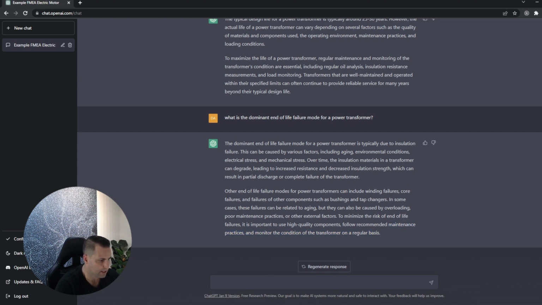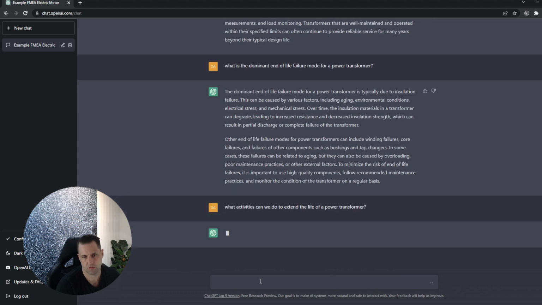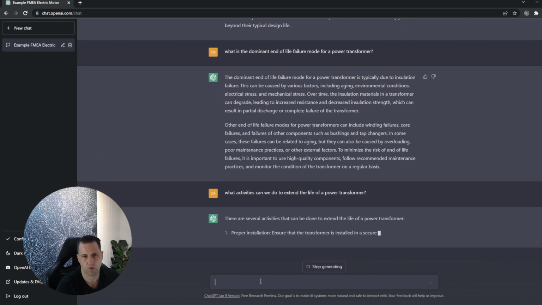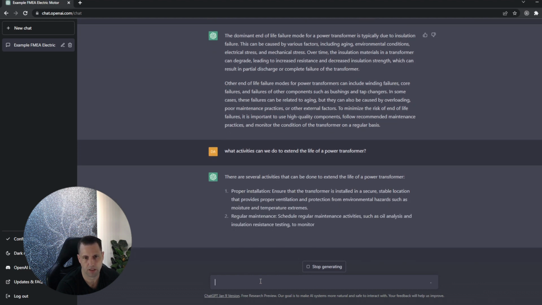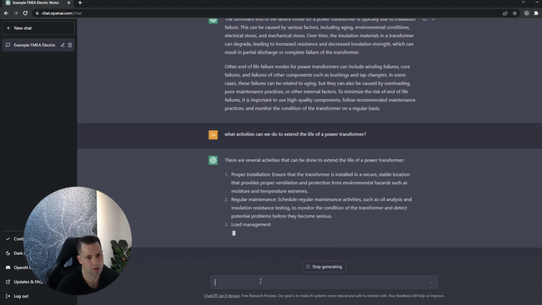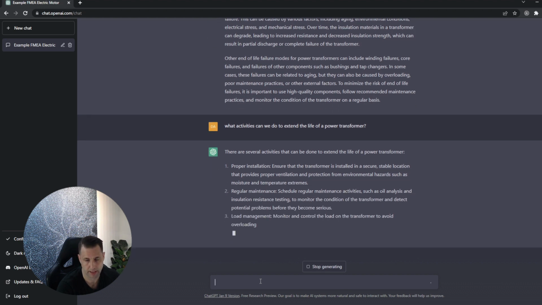What about, let's say, what activities can we do to extend the life of the power transformer? What I'm trying to get at here is, does it recommend a decent maintenance strategy or tactics to perform to try and get more out of an asset?